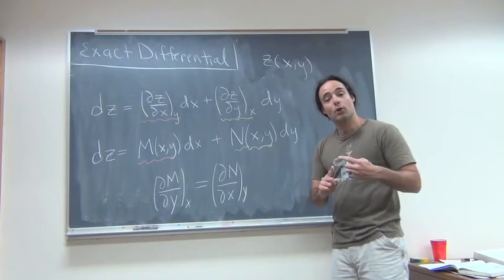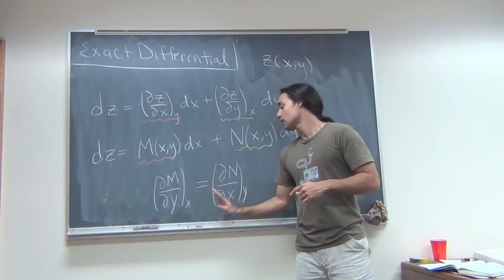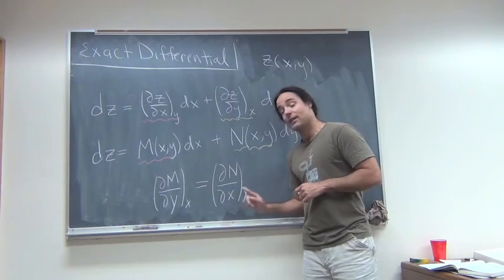So I've taken my two partial derivatives, I've just flipped the order of them. First I took a d by dx, then a d by dy, and in this case I took a d by dy, then I took a d by dx.